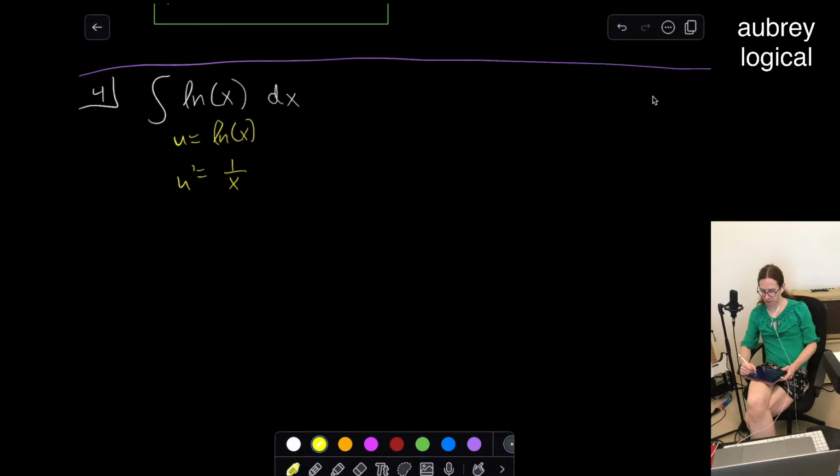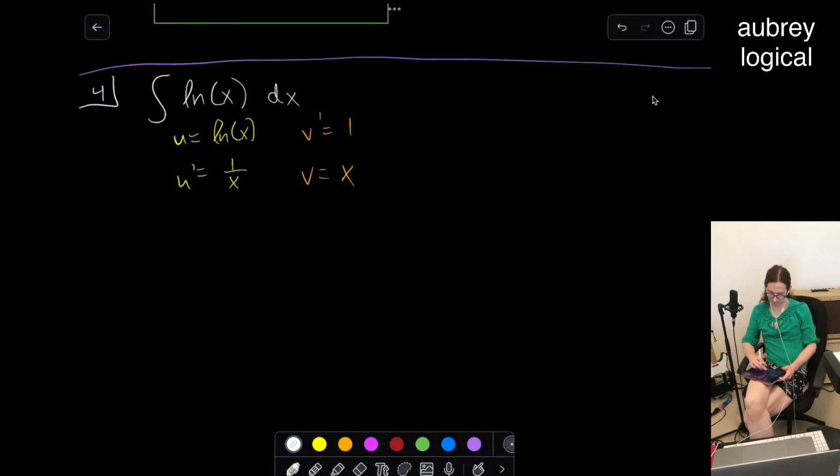So when ln of x turns into 1 over x, it changes what kind of function it is from transcendental to algebraic, or actually not algebraic, whatever the fourth one is with the division. Okay. So that leaves v prime to be 1, and v to be x.